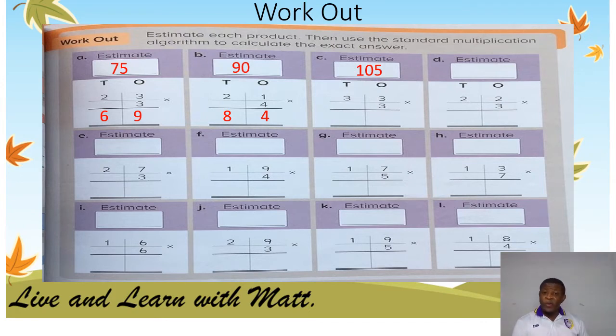Now, 3 times 3 is 9. 3 times 3 is 9. So we have 99. Part D, what is your estimate? 22 times 3. That'll be 66, right? But estimate will be 60. Let's say 60. And the exact answer will be 66.